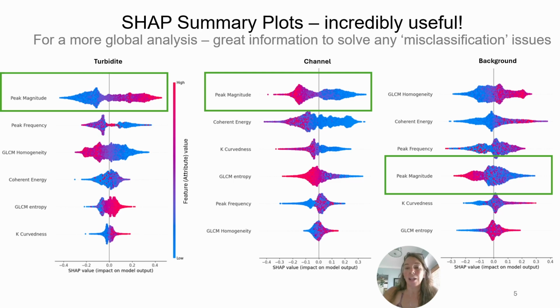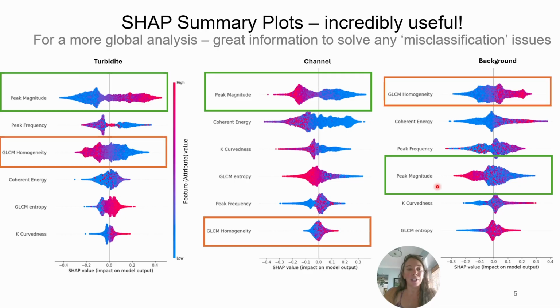One of the things you may notice here is that for background shales, a positive value of peak magnitude gave it a negative SHAP value, so tended it away from being classified as a background shale. If we look at GLCM homogeneity, you can see it has different importances for different seismic facies classifications.